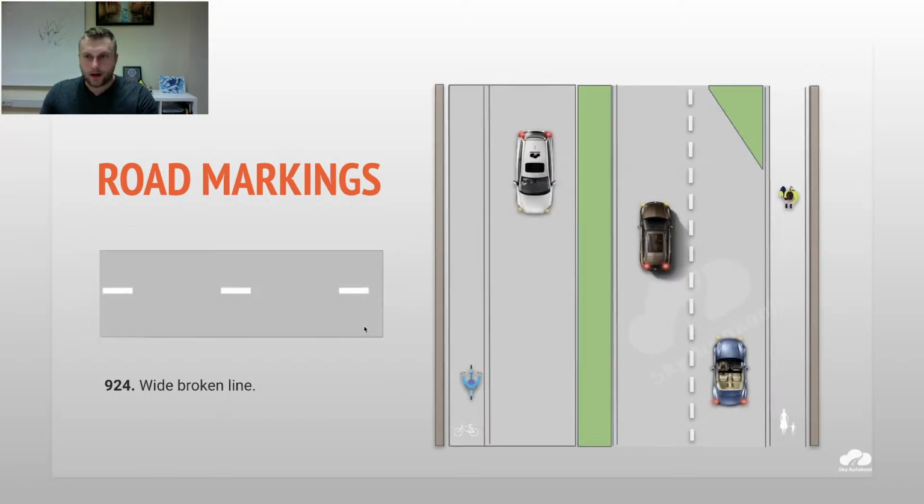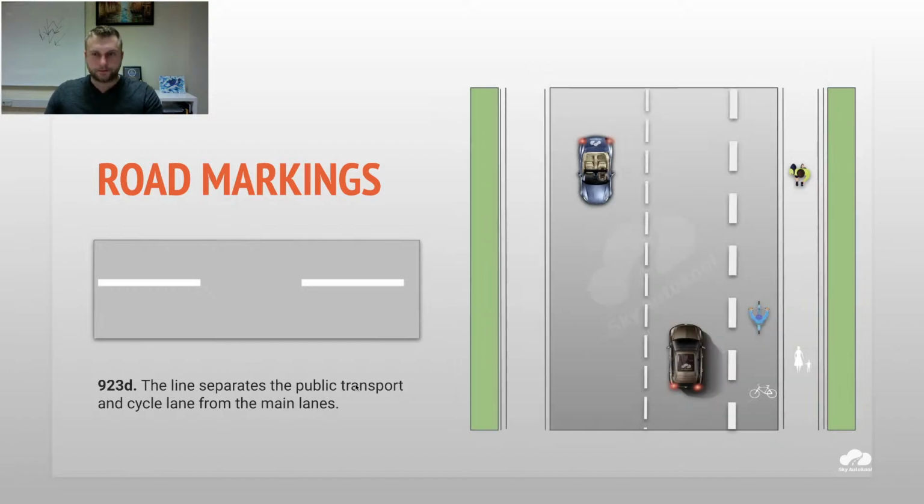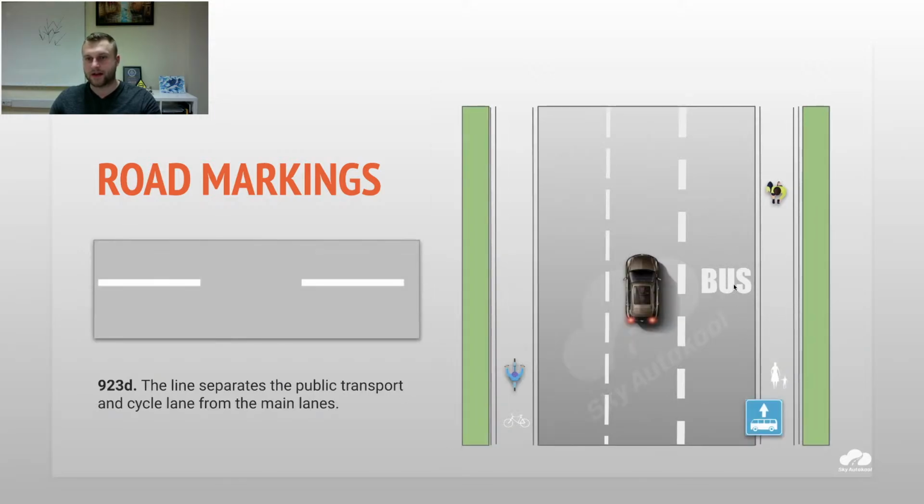So, the same road marking can be for cyclists also. It means we cannot use it for driving. So cyclists have priority in that case, and here buses have priority. So we cannot use these lanes for driving, only these lanes.